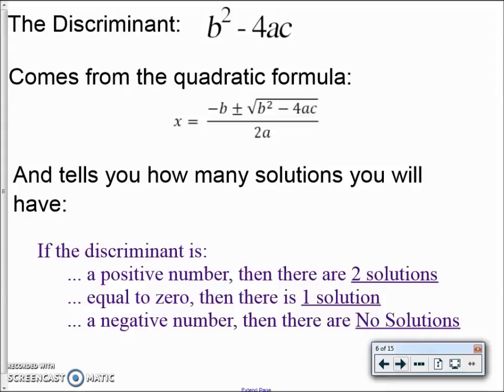If our discriminant is a positive number, then there are two real solutions. After all, you're going to get plus or minus the square root of some number, we'll call it d, this will be easier. And if that's positive, you'll get a positive square root and a negative square root. Two solutions.